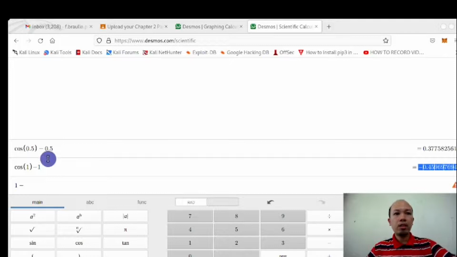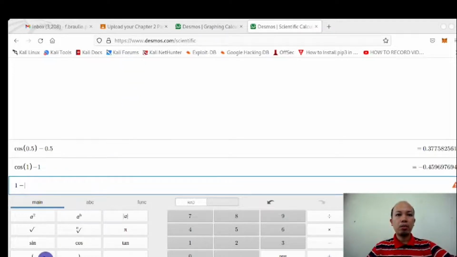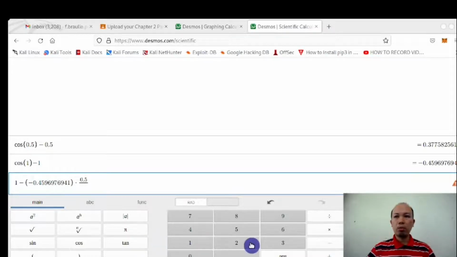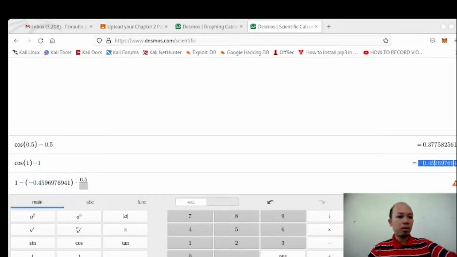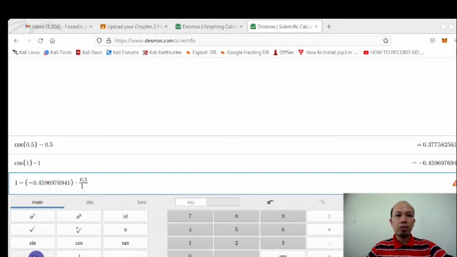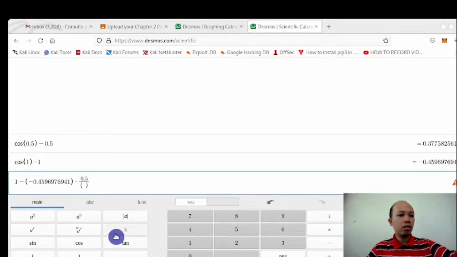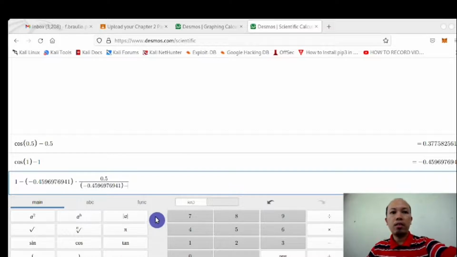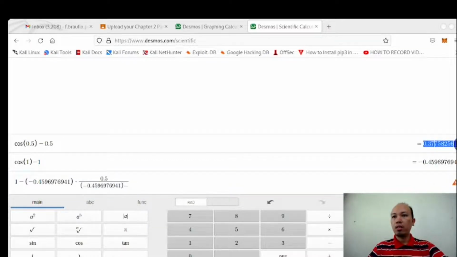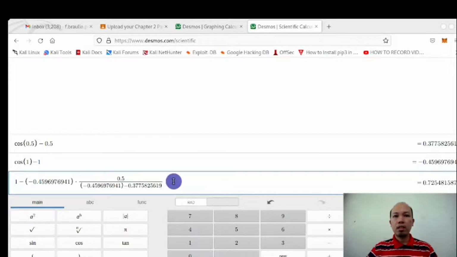Okay, copy and then put a parenthesis somewhere here and paste, times the numerator is 0.5 divided by f of 1. F of 1 is this one here. Let's copy that one, copy, and then put a parenthesis, paste, minus this is our f of 0. Okay, paste and hit enter.